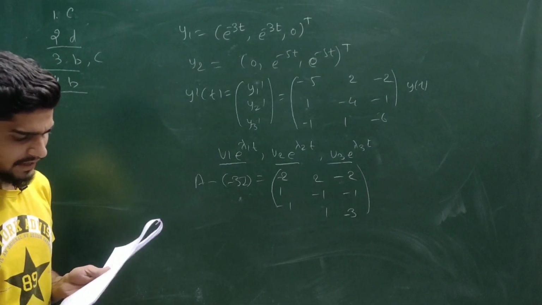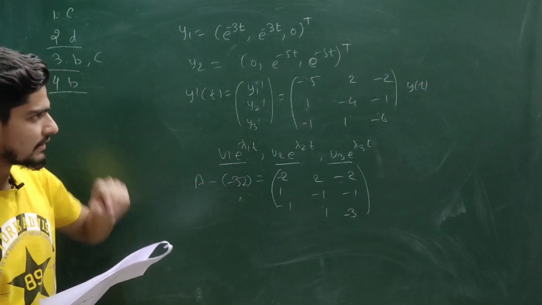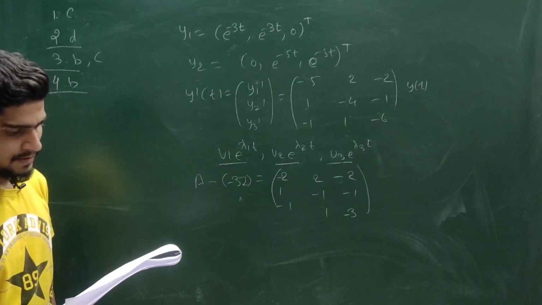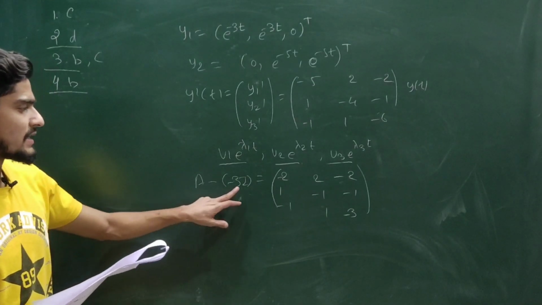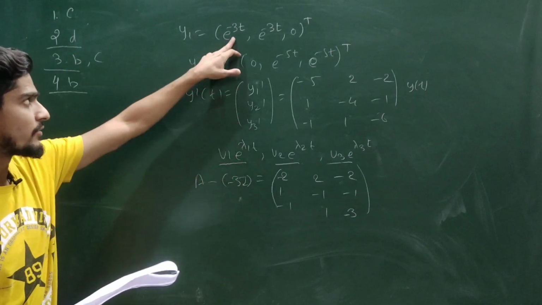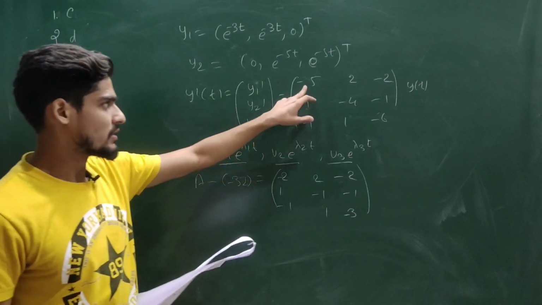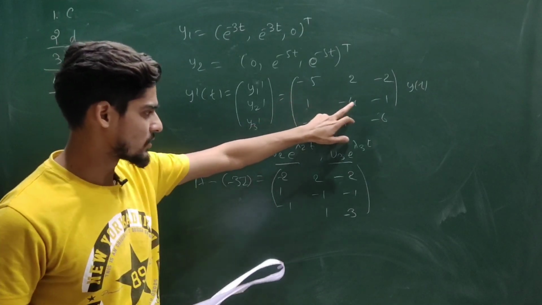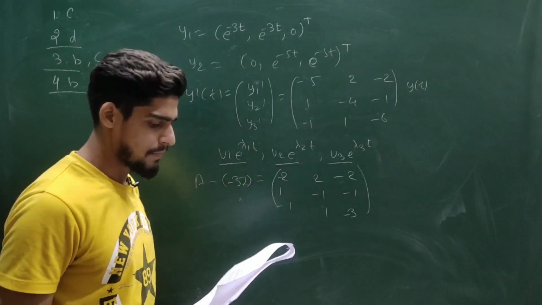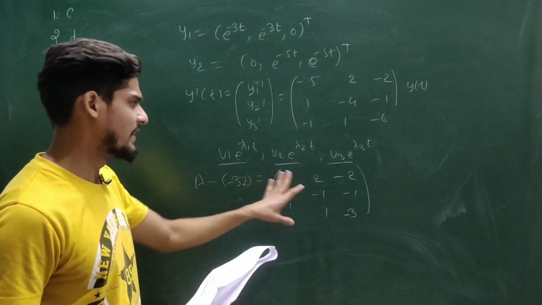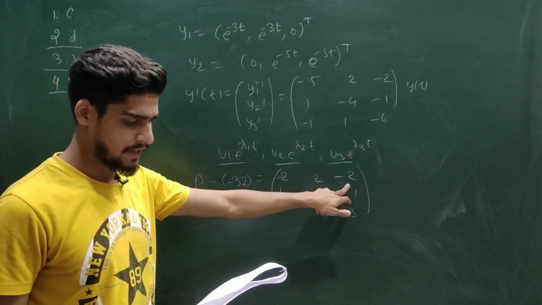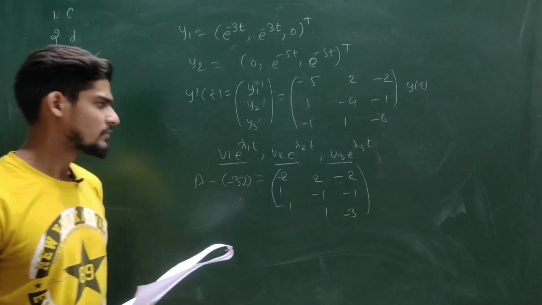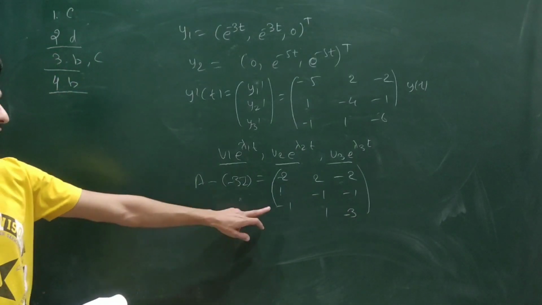Wait, let me verify whether I have written the correct matrix or not. A minus lambda I: subtract -3 from this, so this is -5, this will be -2, this will be -1, this will be -3 and the rest of the entries are the same, so 2 -2 1 -1 -1 1. Now you verify whether this is singular or not.